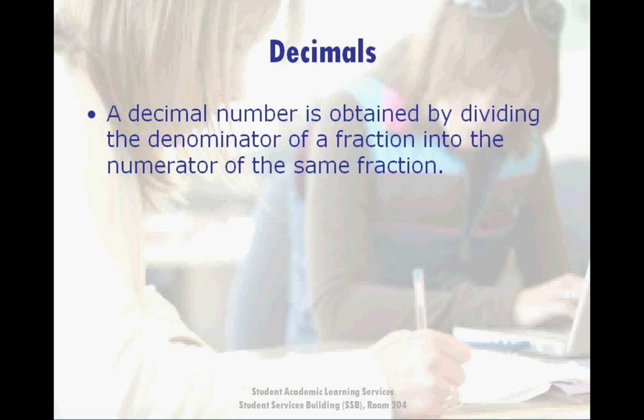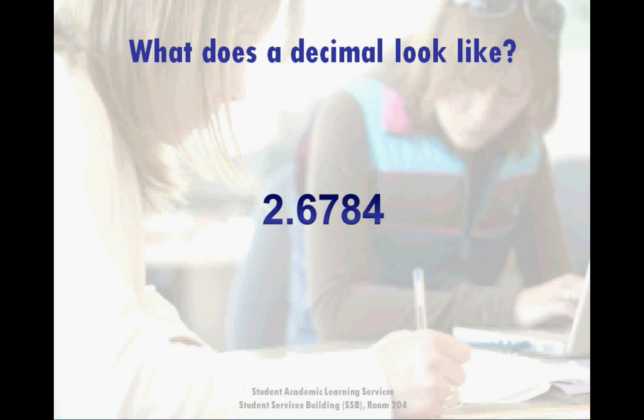A decimal number is obtained by dividing the denominator of a fraction into the numerator of the same fraction. And what a decimal looks like is as follows. It's comprised of three different parts. Here we have the 2 here is the whole number. The decimal point itself is right there.